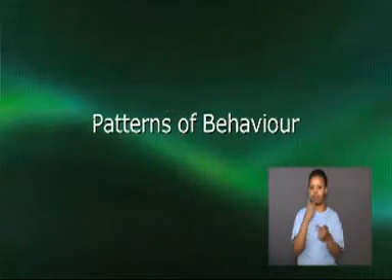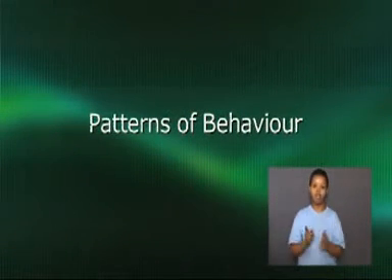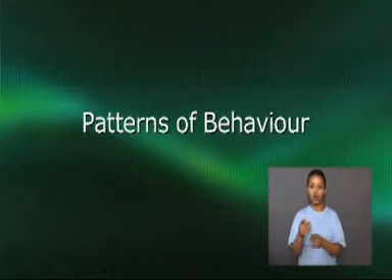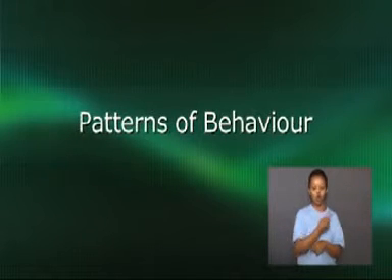In today's lesson, we are going to discuss patterns of behavior in animals and focus on courtship. Let us begin the lesson. There are many different species of animals, and each species behaves somewhat differently.